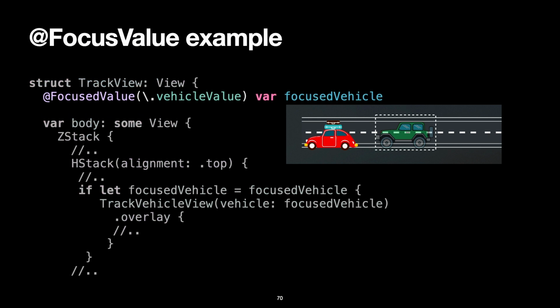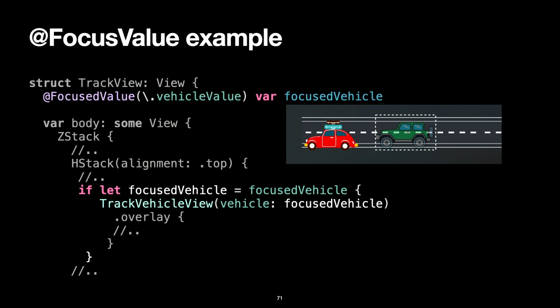Next thing I'm going to do is to add the FocusedValue property wrapper and define my dynamic property. This is our way of telling SwiftUI, I'm going to observe this property, refresh me whenever this changes. So we did that. Now our view depends on it. Next thing I did was simply use it. I've unwrapped it using if let, and then I just render my track vehicle view with some opacity and borders.